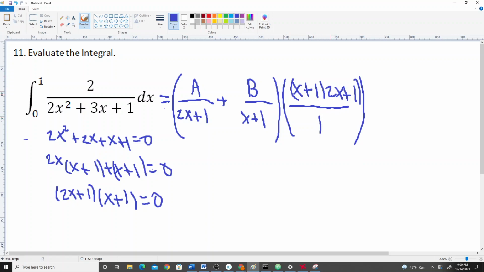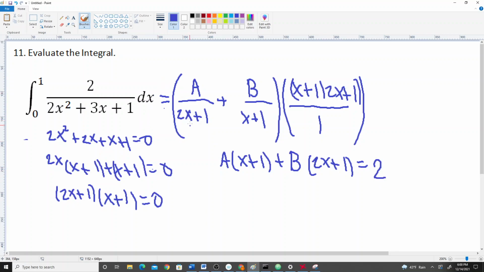So for this one, 2x plus 1 and the x plus 1 will cancel. You'll just have A times x plus 1 plus B times 2x plus 1, and that's equal to the numerator, which is 2.